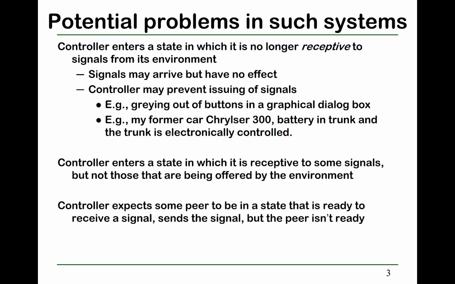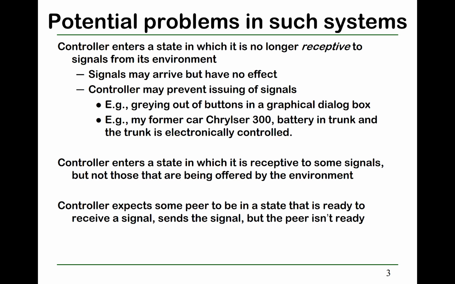Now let's take a look at what potential problems can happen if we do not carefully design the system, do not carefully model the states. Well, the controller may enter, for example, a state in which it is no longer receptive to signals from the environment.